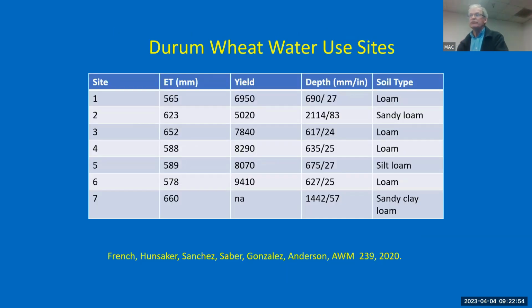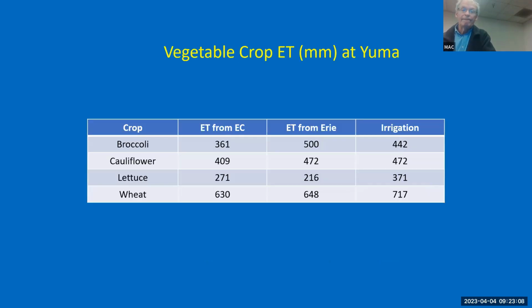Here are some numbers, and we monitor the soil type, so we know how to correlate between the water used, the yield of the crop, the total water used, and the soil types. We've looked at these crops here: broccoli, cauliflower, lettuce, wheat. These are just some examples I wanted to show you.